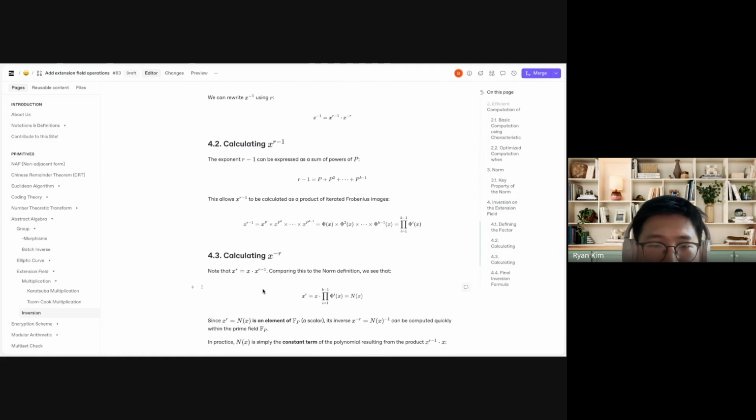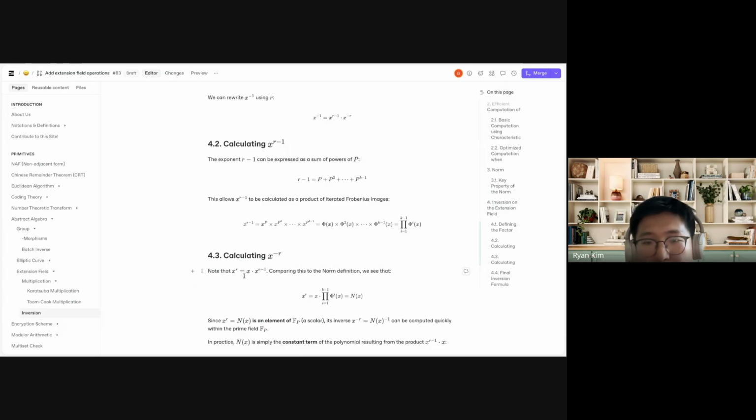Next, we computed the left part of this, and we need to compute the right part of the right hand side. And x to the R is basically the product of x times x to the R minus 1. We computed this already here, so we just need to multiply by x again.